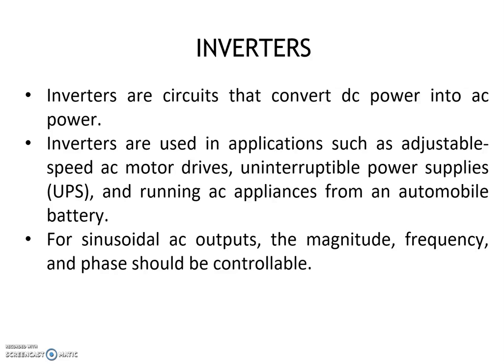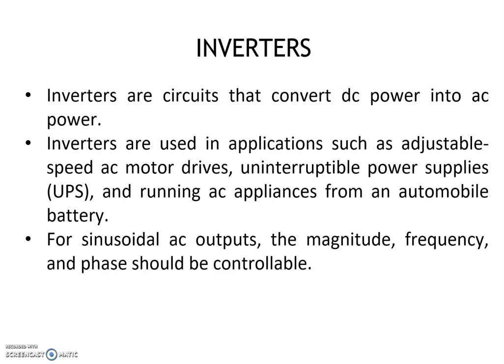But in the voltage source inverter, the input is DC. We are converting the input DC into variable frequency, variable voltage AC. Usually the voltage source inverter or current source inverter requires forced commutation.